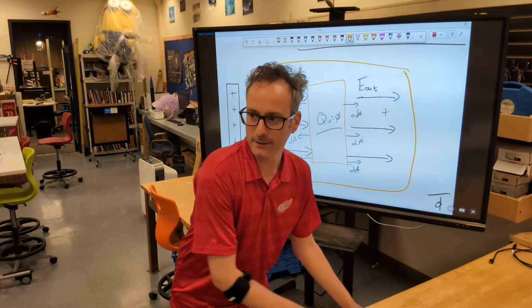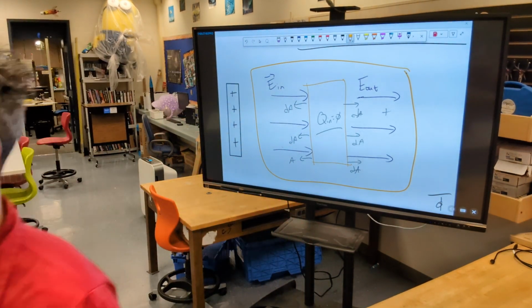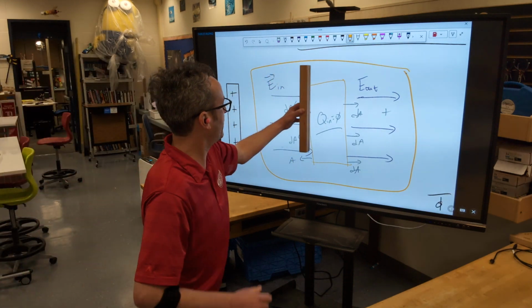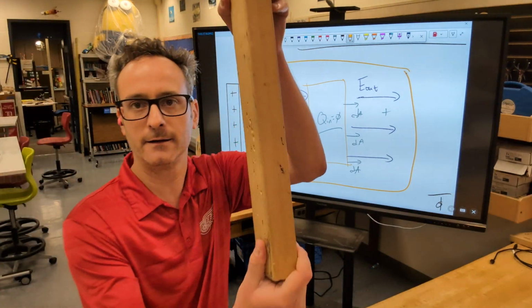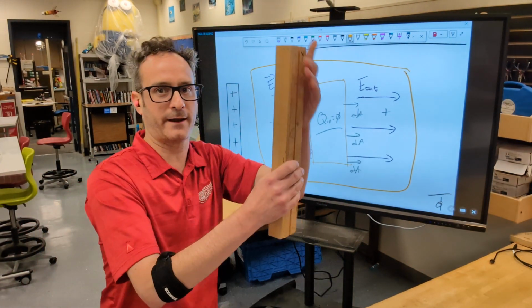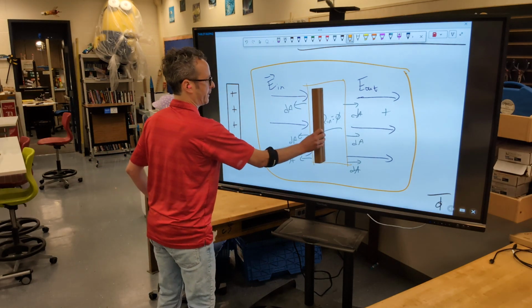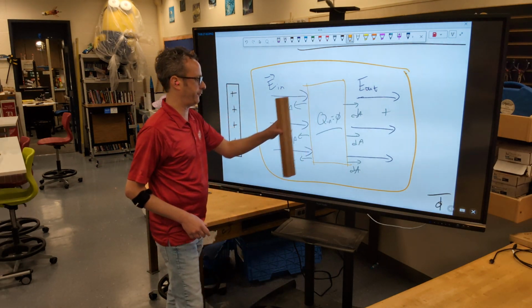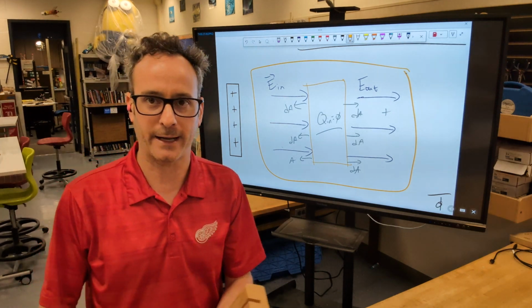So I make up some shape, maybe a little rectangle right here, and I put it here. Then I've got some electric field going in and some electric field going out.